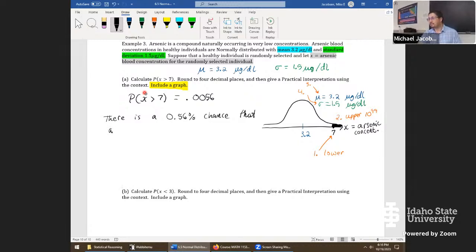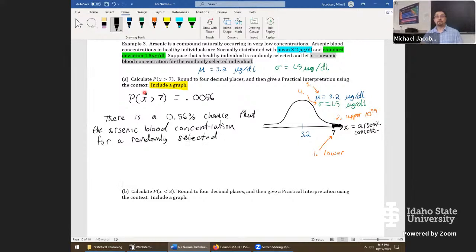Exactly. The arsenic. Oh, I need an article. The arsenic blood concentration for a randomly selected, and this is for healthy people. They're not being poisoned by the arsenic, so they're just fine.